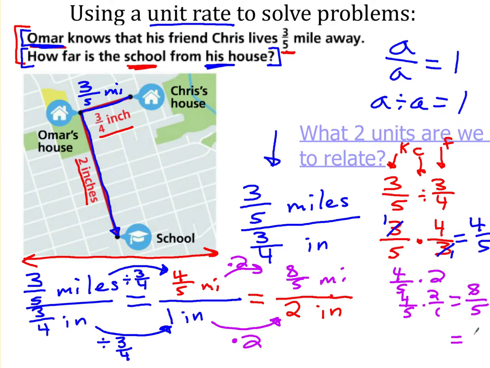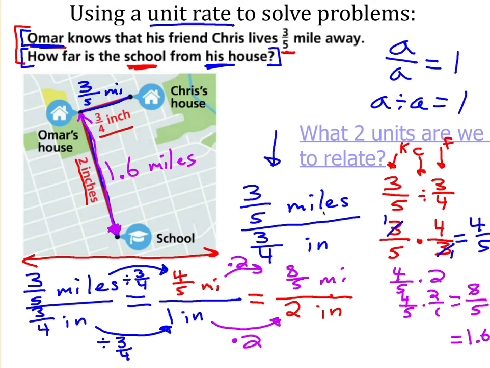And we could also specify this as 1.6. And then, of course, we want to put the units on. We'll just pop it on there. 1.6 miles for this distance here. Did I need to use a unit rate? No. Was it a little bit more elegant? Yes. So let's move on.